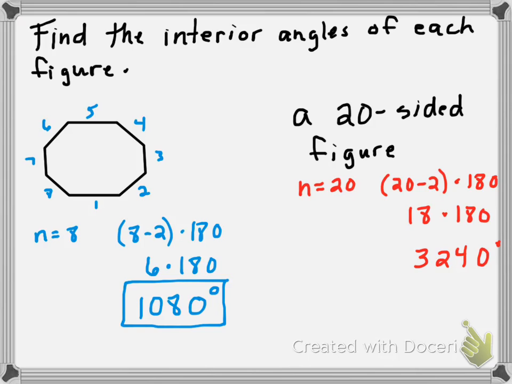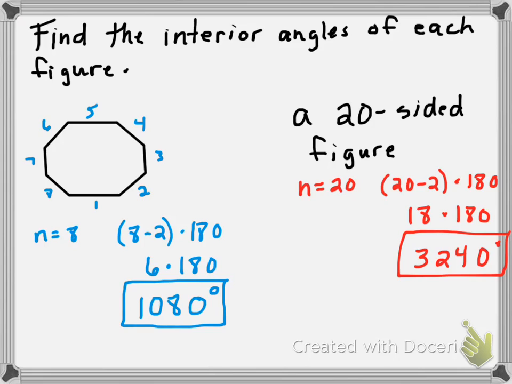So a 20-sided figure has a sum of interior angles of 3,240 degrees. If you added up all the angles inside of a 20-sided figure, it would always equal 3,240. Okay, that's all you have to do to find angles.